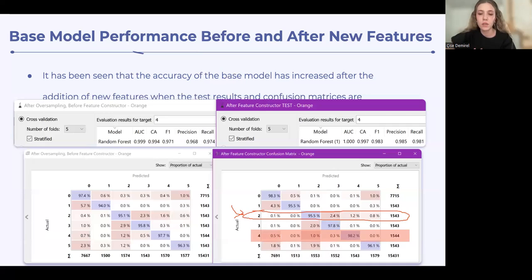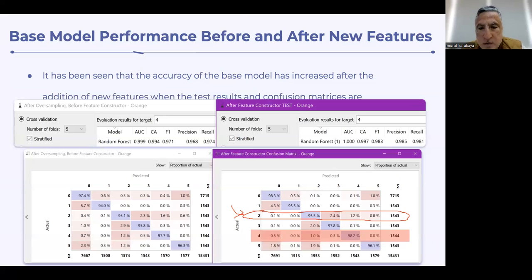Hocam, first of all, the actual failure was 4, and our model truly predicted it at 98.2 percent, and it falsely predicted no failure at 0.5 percent, and falsely predicted 1 percent as the second failure, and the third failure also.